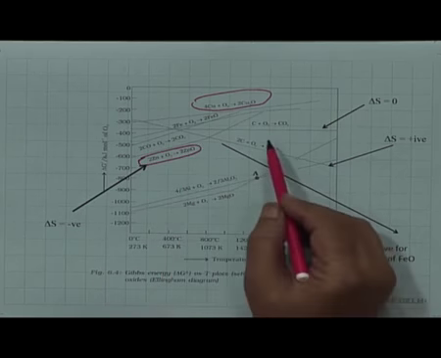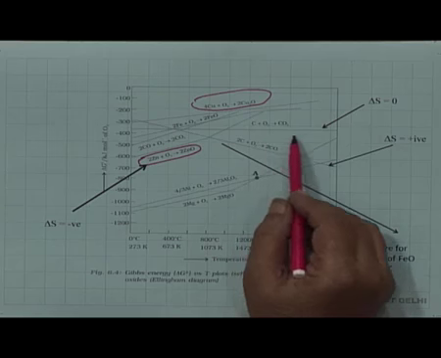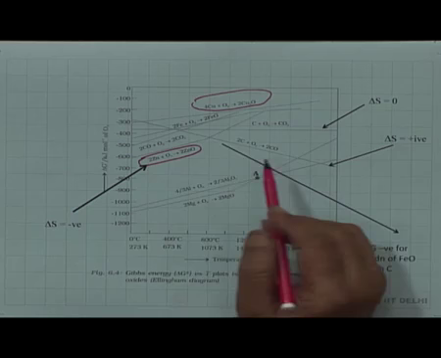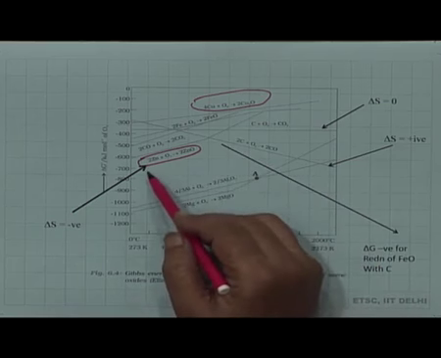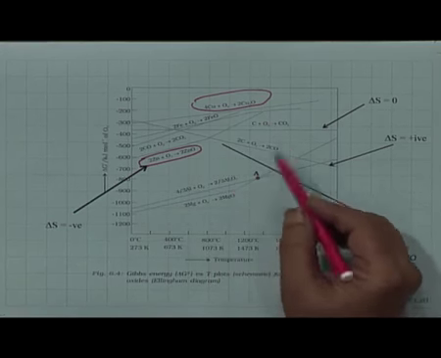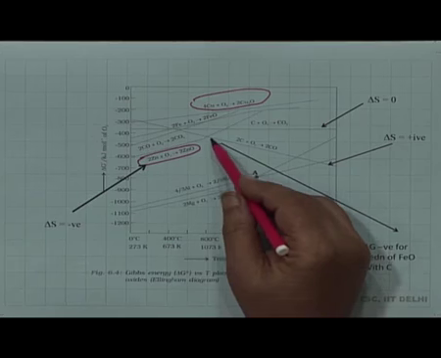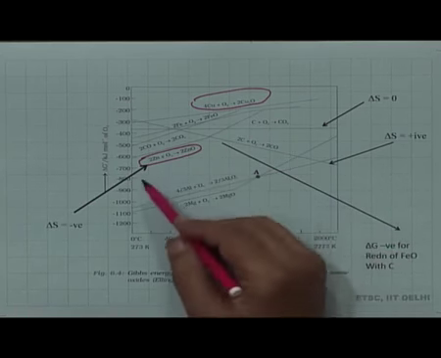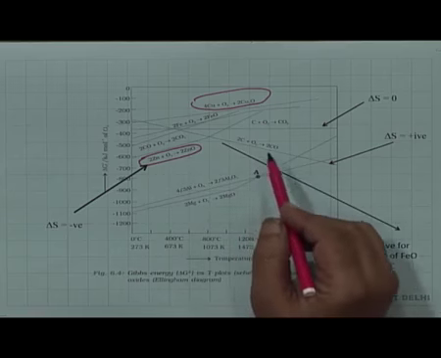The line of coke oxidation, or carbon monoxide, is below the line of zinc oxide only after a temperature of 800 degree centigrade. Below that, they are not below the line of zinc oxide.